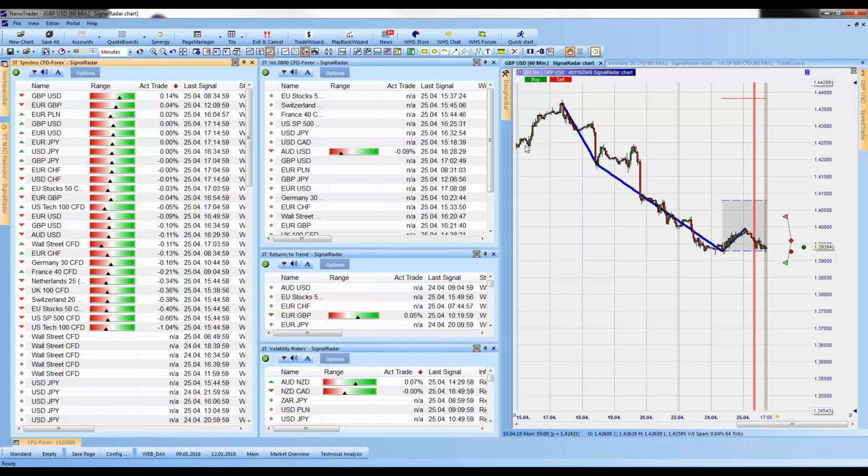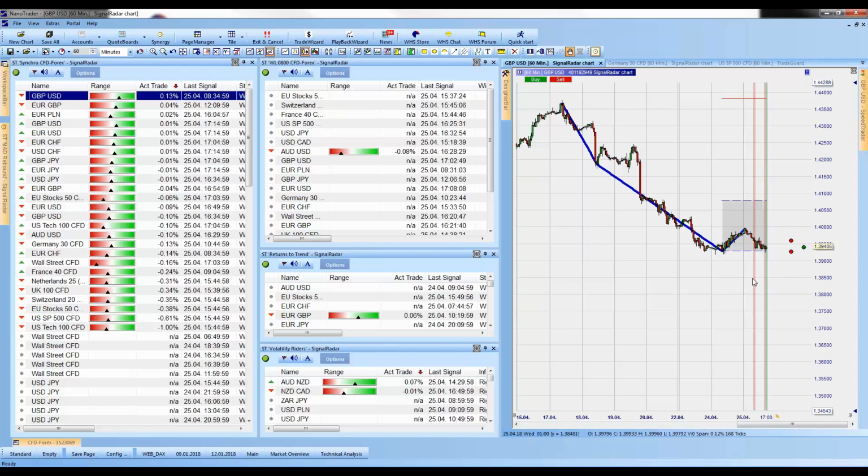Now that we have seen the tables, let's take a look at the charts. I have here a chart open, GBP USD, so cable, and I can see immediately that there are 3 dots. To activate the dots, I just have to click on this icon here, which is the synergy icon, and it will show me, of all the tables that I have open, which ones have trades.